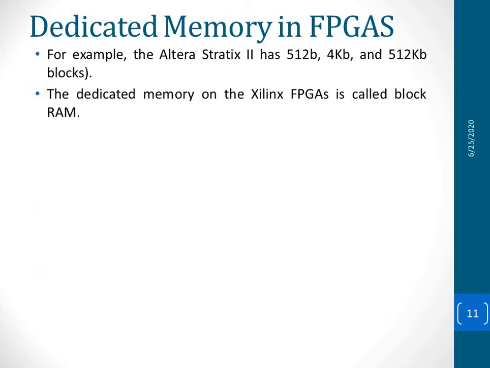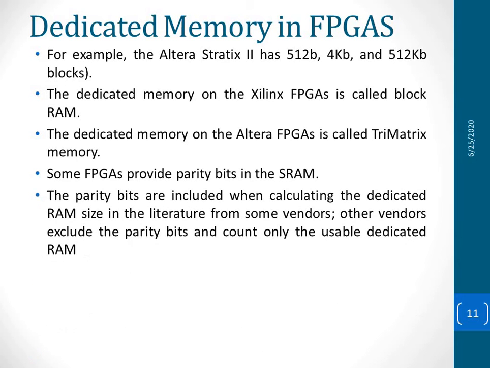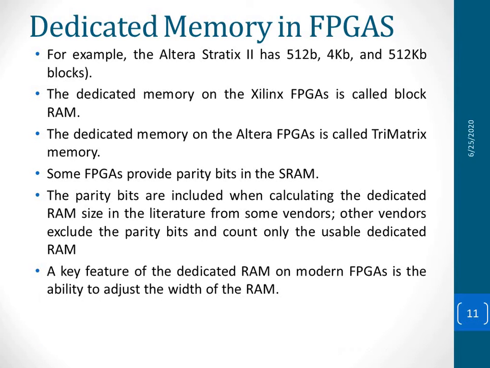The dedicated memory on the Xilinx FPGAs is called block RAM. The dedicated memory on the Altera FPGAs is called TriMatrix memory, and some FPGAs provide parity bits in the SRAM. The parity bits are included when calculating the dedicated RAM size. In the literature from some vendors, other vendors exclude parity bits and count only the usable dedicated RAM.